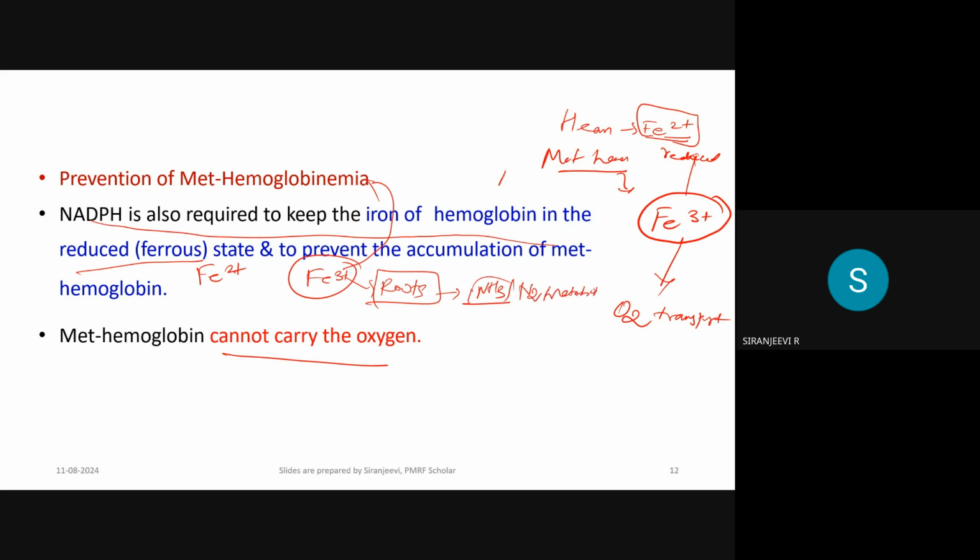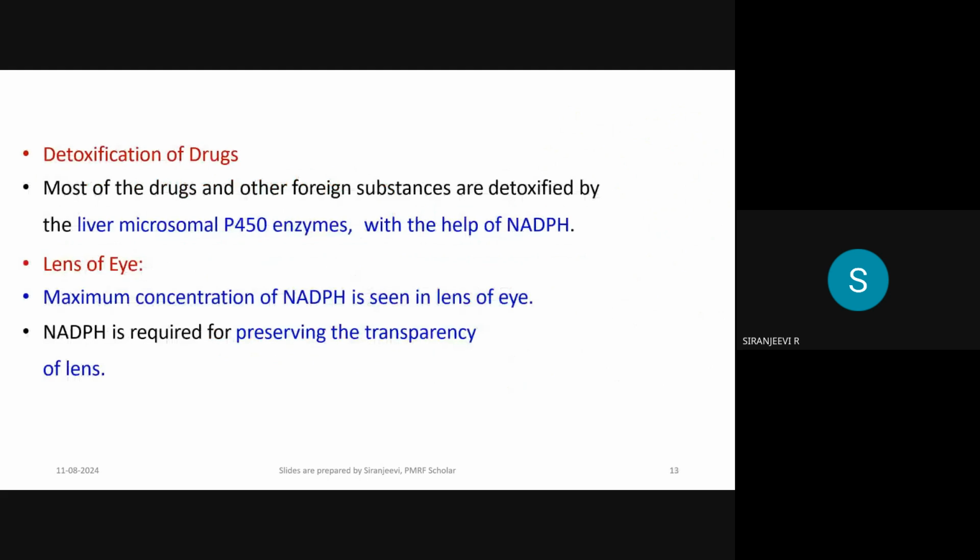In nitrogen metabolism, like nitrogen fixation, there are certain enzymes that need a reduced environment, not an oxidized environment. So there we need the methemoglobin to provide the reduced, non-oxidative environment, and you can see it in the nitrogen fixation pathway in plants.